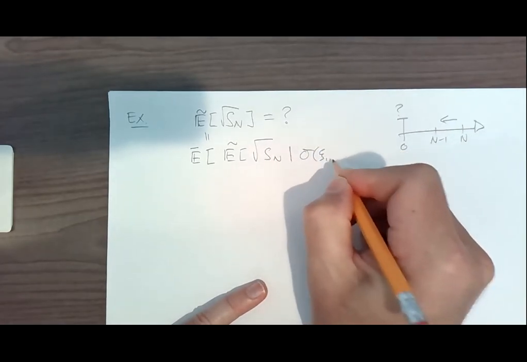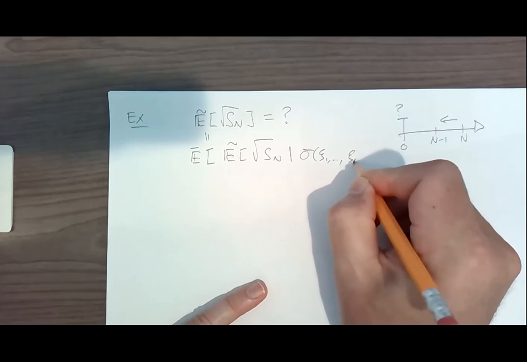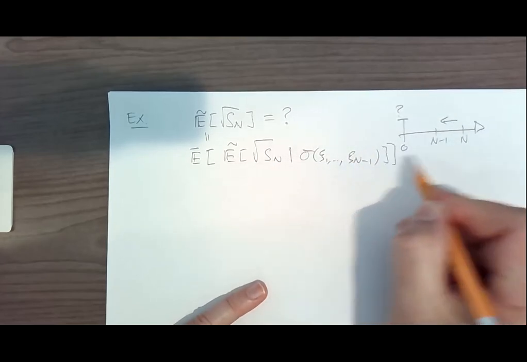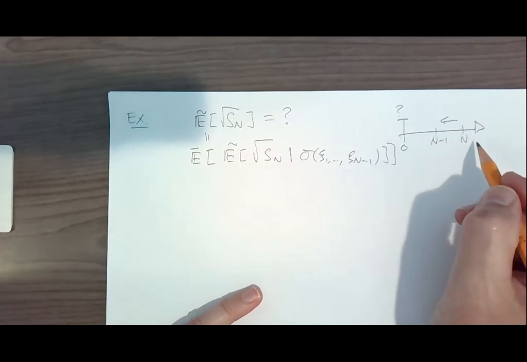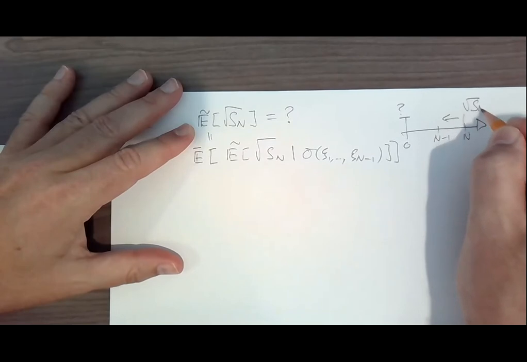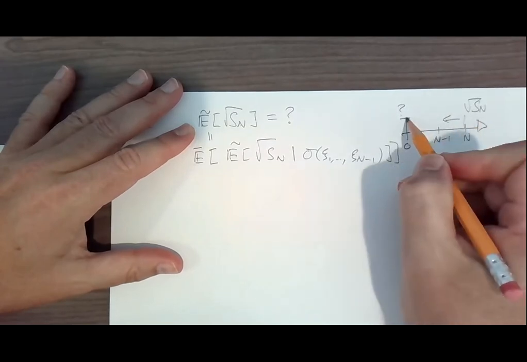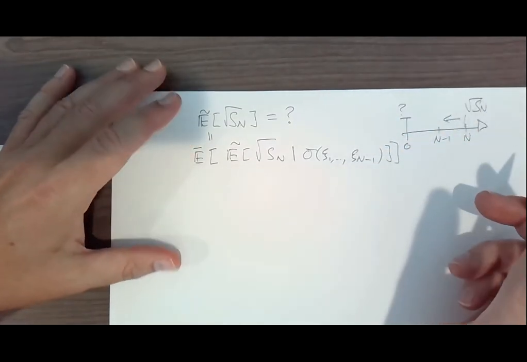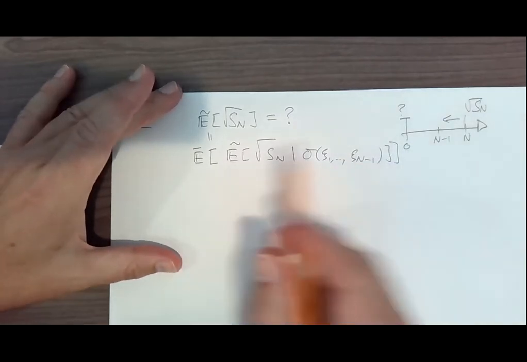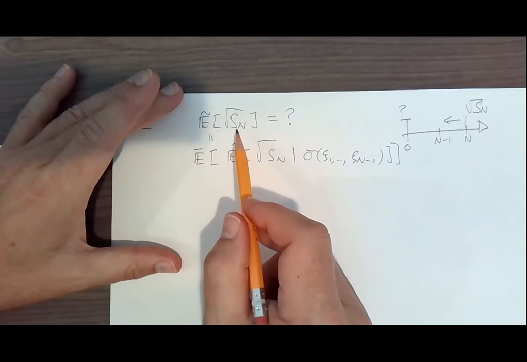So let me put in all the conditionals except the last one. So I go 1 period. And the payoff I'm getting out here is like a square root of S_n. How do I move this payoff to time 0? Well, I set up a replicating portfolio and figure out what the initial value of this replicating portfolio is. And the initial value is going to be this expectation here.